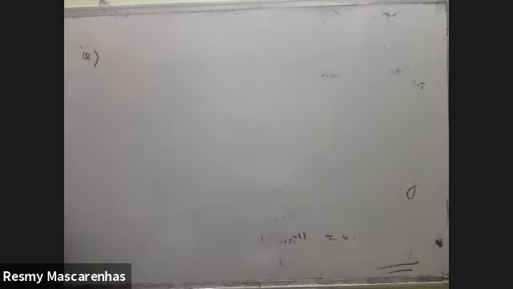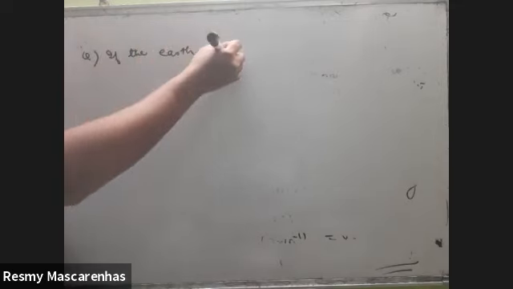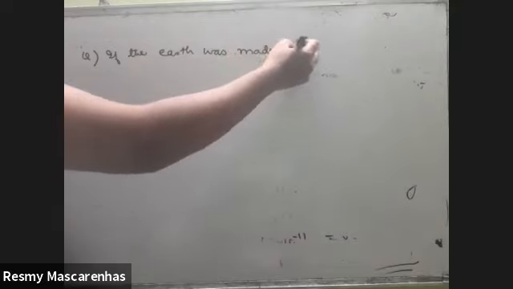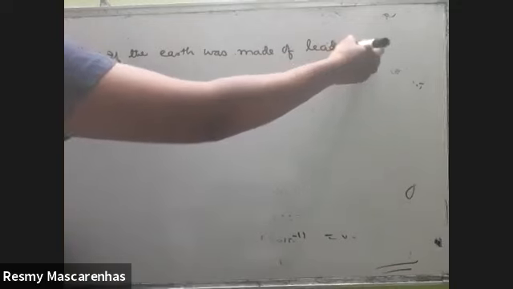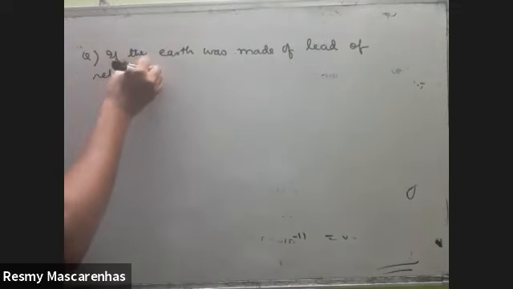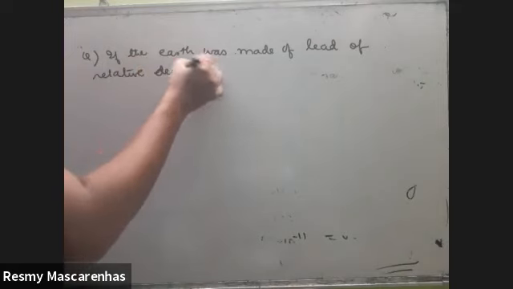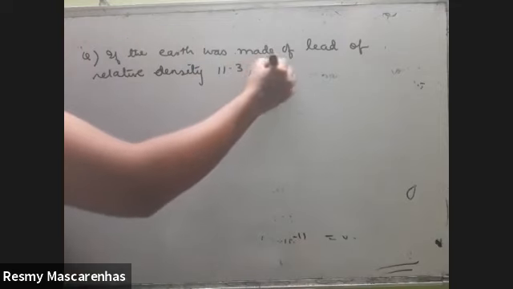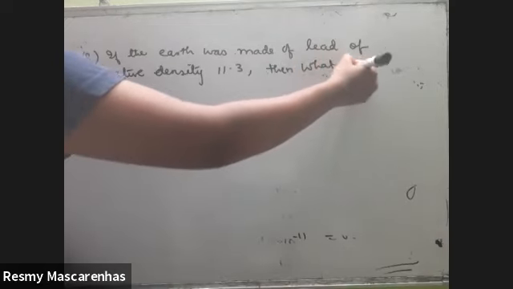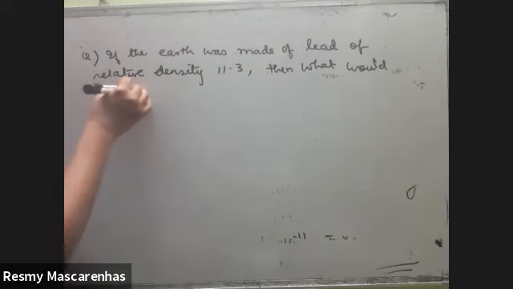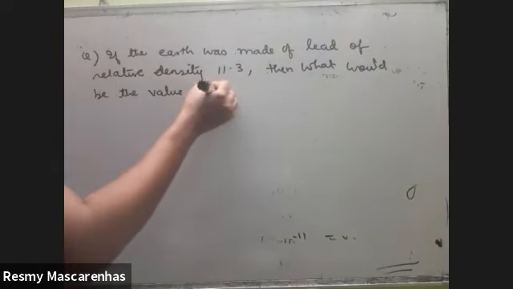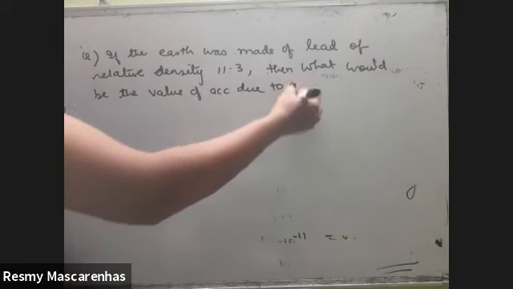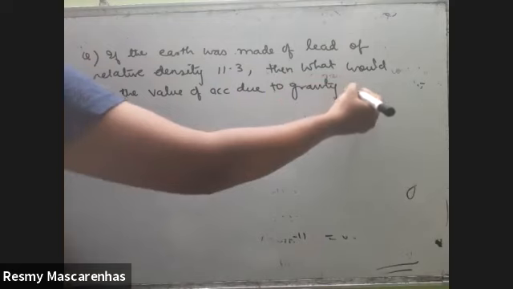Next question. If the Earth was made of lead, which had a relative density 11.3, then what would be the value of acceleration due to gravity on the surface of the Earth?